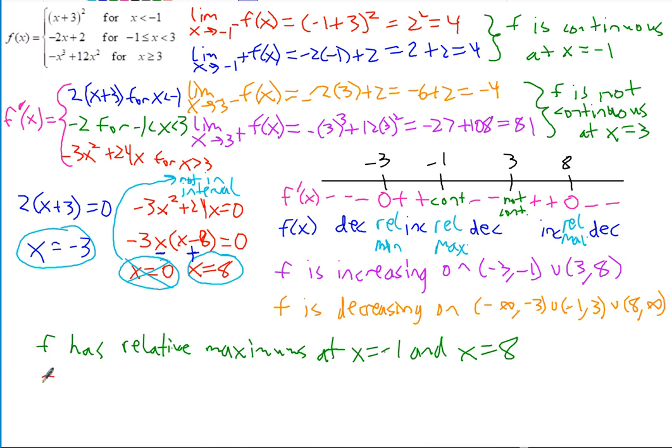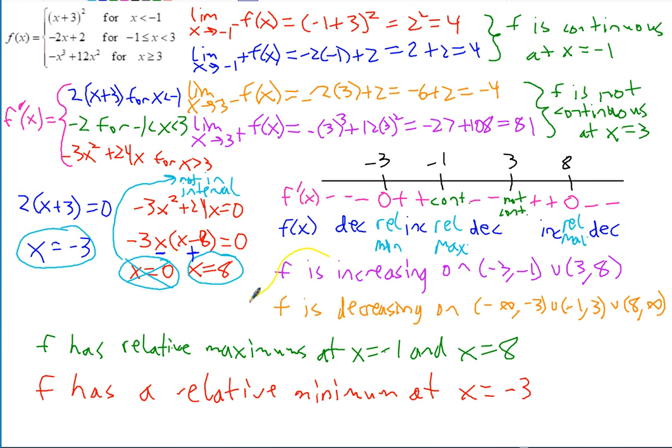And f has a relative minimum at x equals -3. And that answers all the questions that we were asked about this piecewise function.